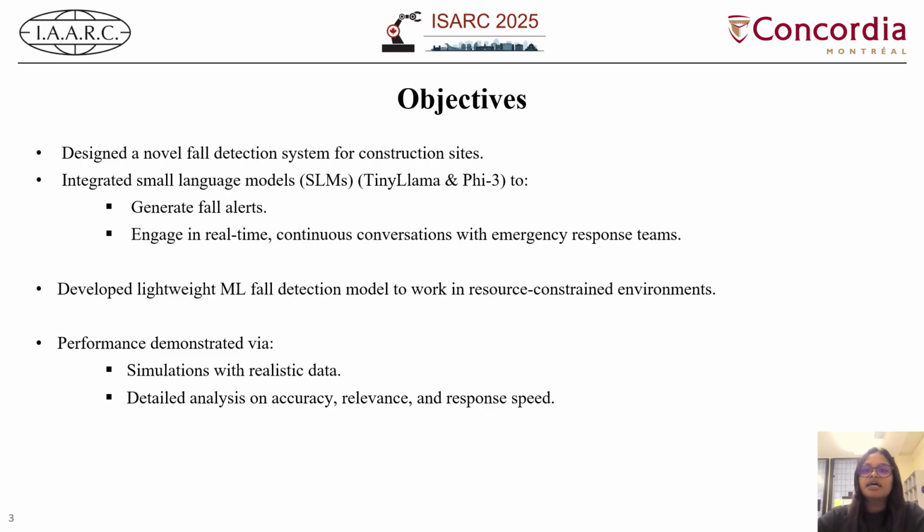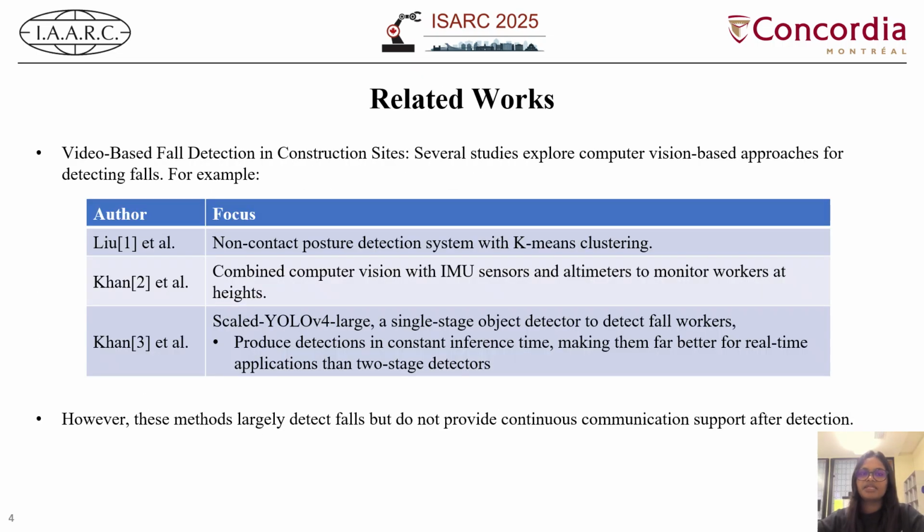We also built a lightweight machine learning fall detection model that can operate in a resource-constrained environment, and we tested our approach using simulations with realistic data and evaluated the system's accuracy, relevance, and response speed.